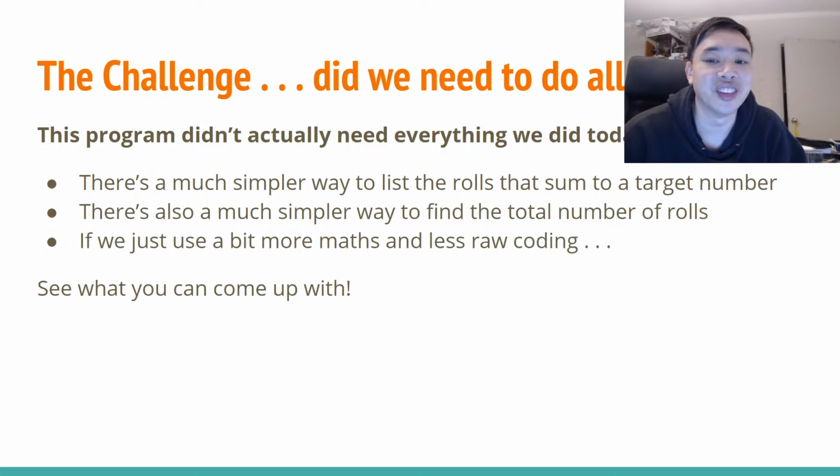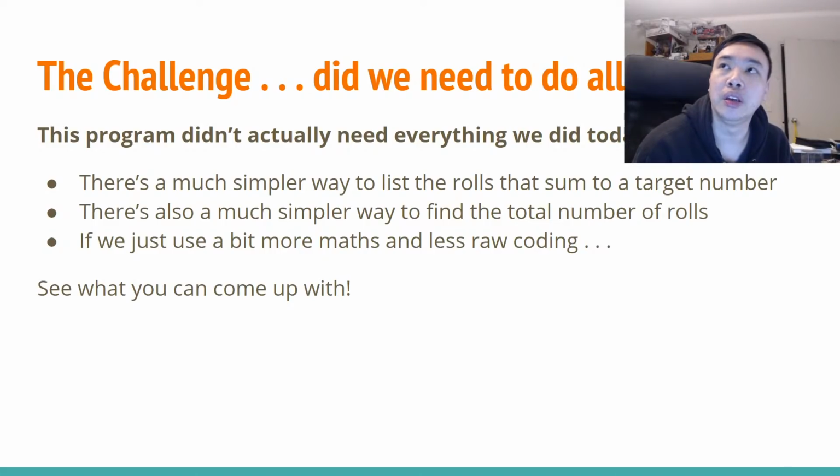And so this is the challenge: did we need to do all this looping to get these results we're looking at? Was there another way to do this? I'm saying that yes, there is definitely a much simpler way to list all the rolls up to a target number, and there's also a simpler way to find the total number of rolls.